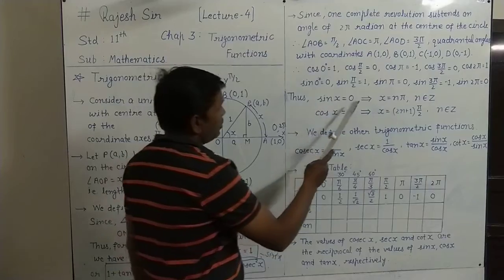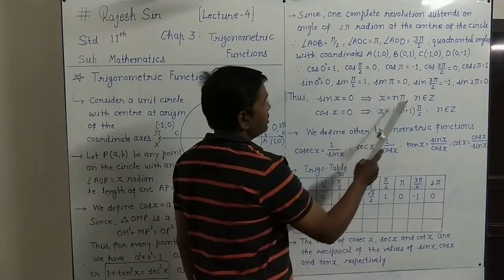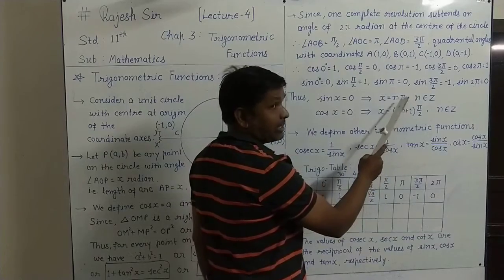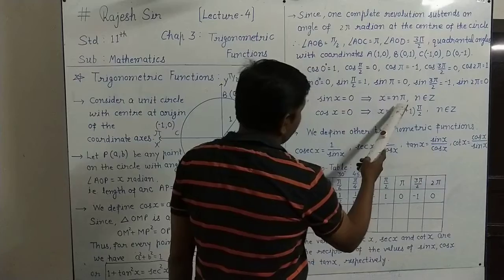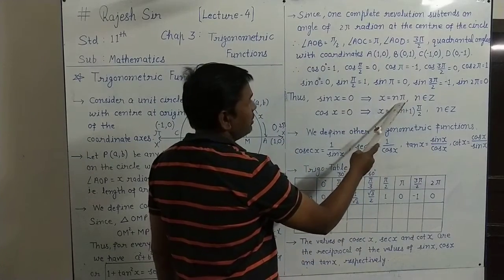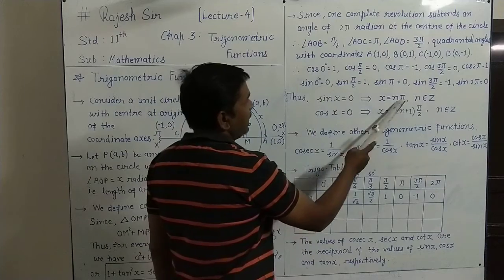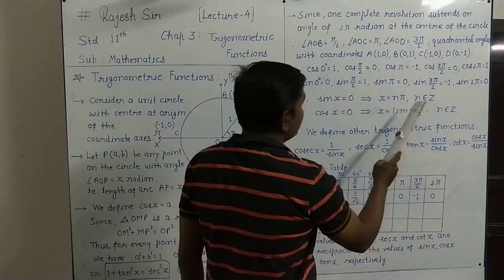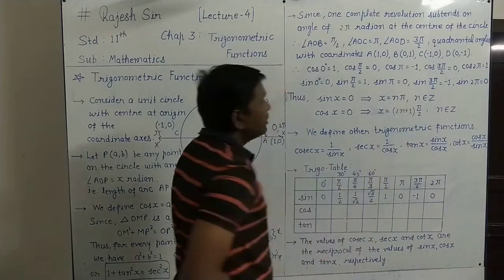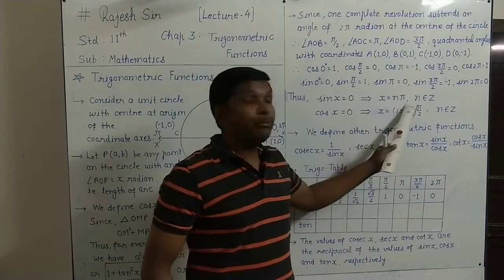So sin x is 0 when the angle is n pi, where n belongs to Z. For example, if you take n as 0, 0 into pi is 0, sin 0 is 0. If you take n equals 1, sin pi is 0. If you take 2, sin 2 pi equals 0. So sin x is always 0 if the angle x equals n pi, n belongs to Z.